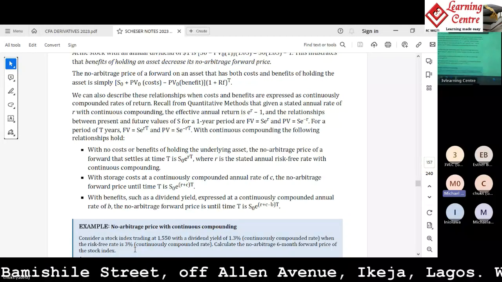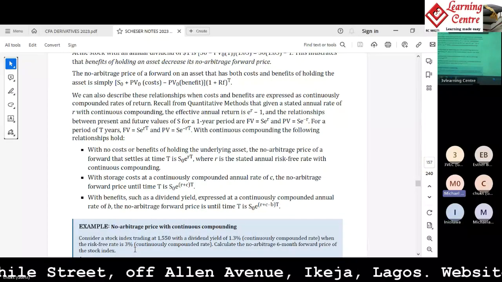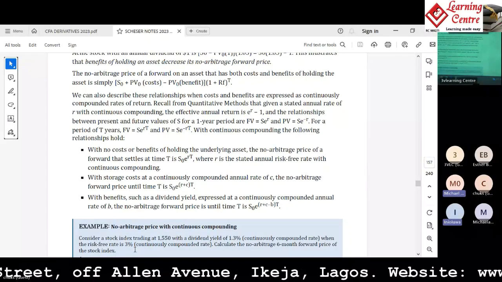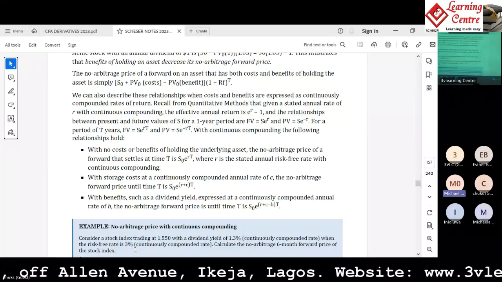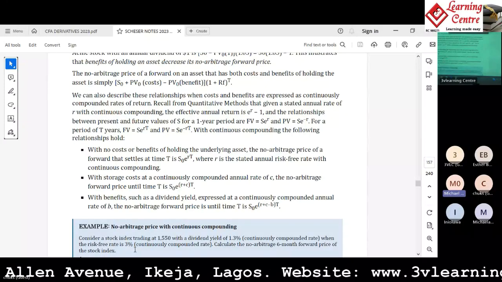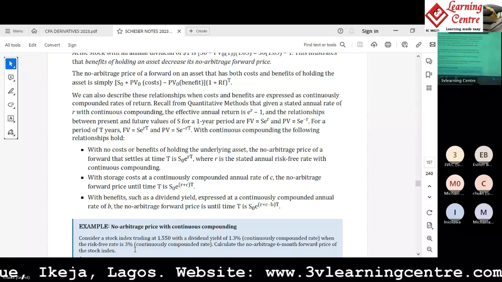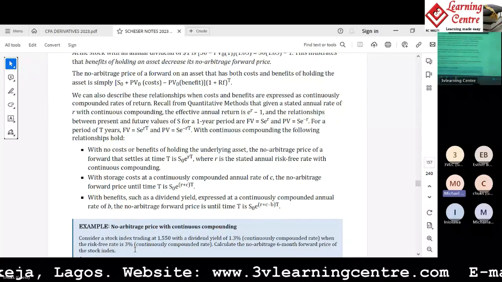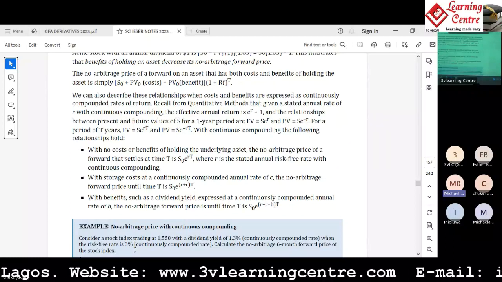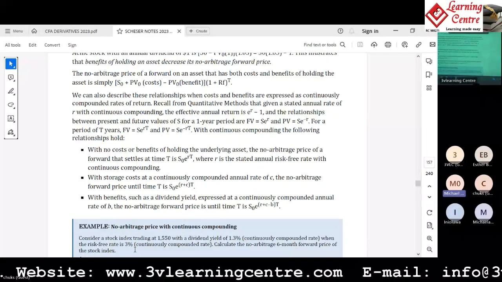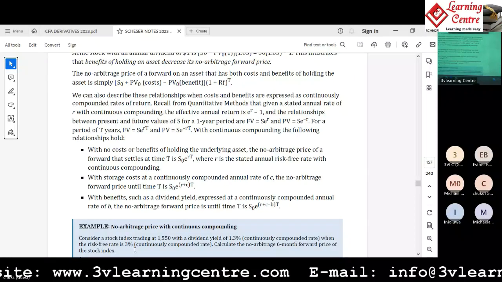Then I did 1 plus 1.5% raised to power 0.5, then multiplied by the stock. Yes, I divided the 3% by 2 since we are to calculate the 6-month forward price.